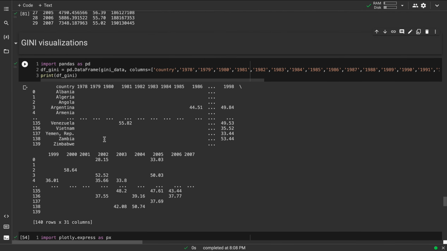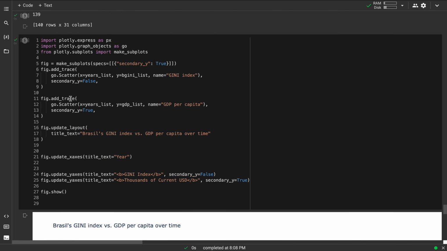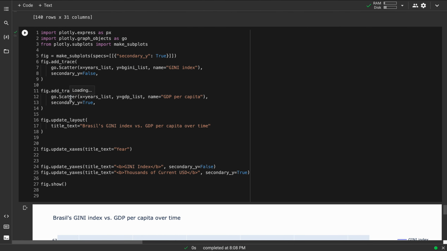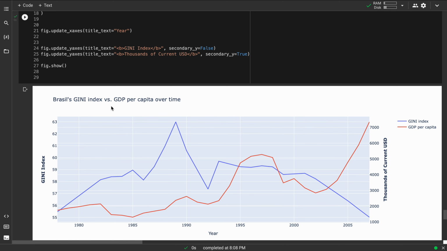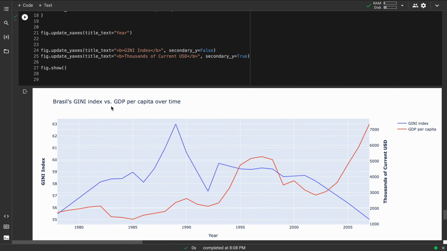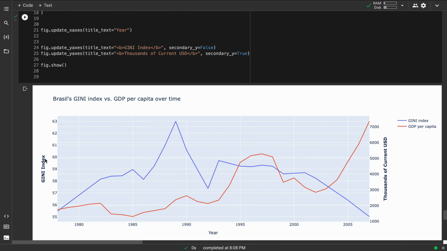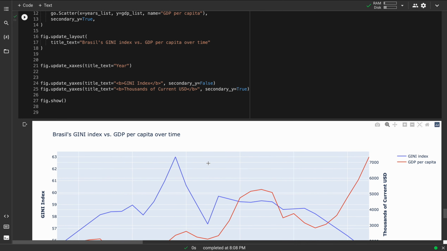And this is just the Gini index for the world as a whole. And we referenced the Plotly Express website that we have used before in class to figure out how to make 2 y-axes so that we could show accurately both the Gini index and the GDP per capita on the same graph.